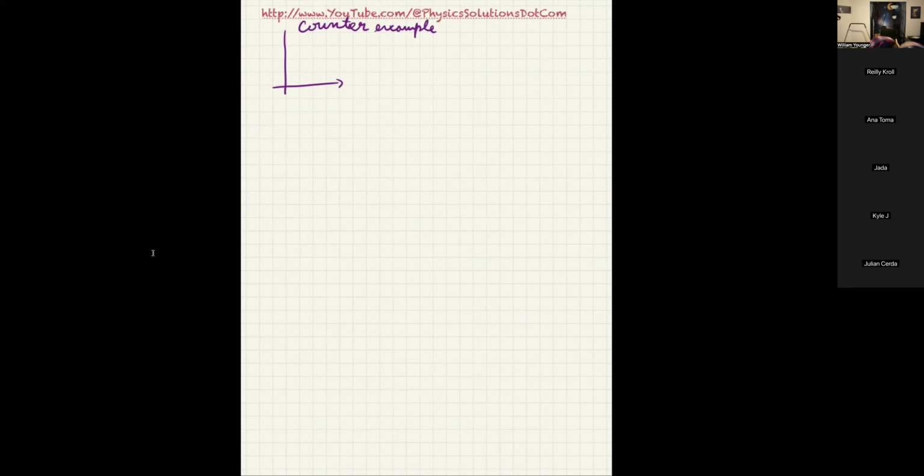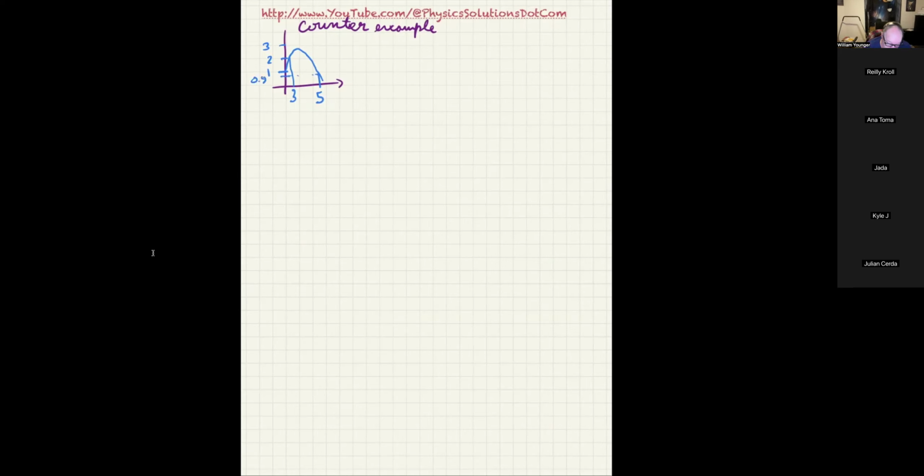If we had an x as a function of t that looked something like this, and let's say this was 5 seconds, and this was 3 seconds, let's call this one, this two, this three, and this 0.9.